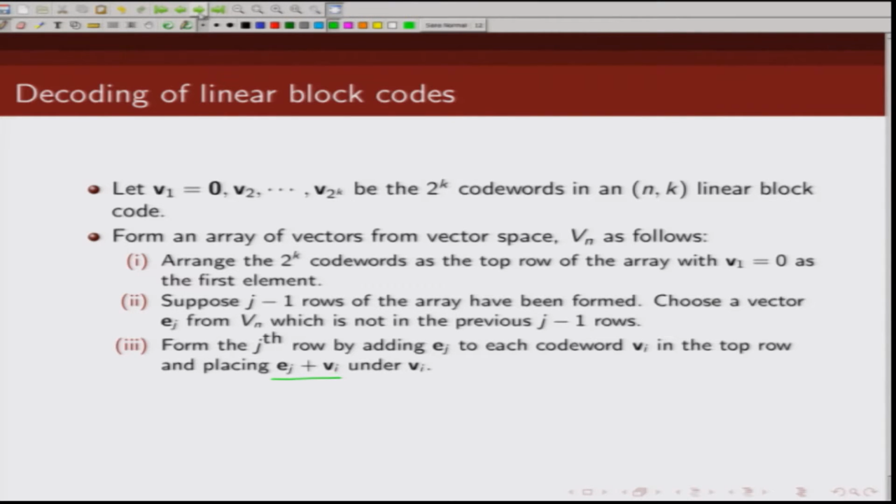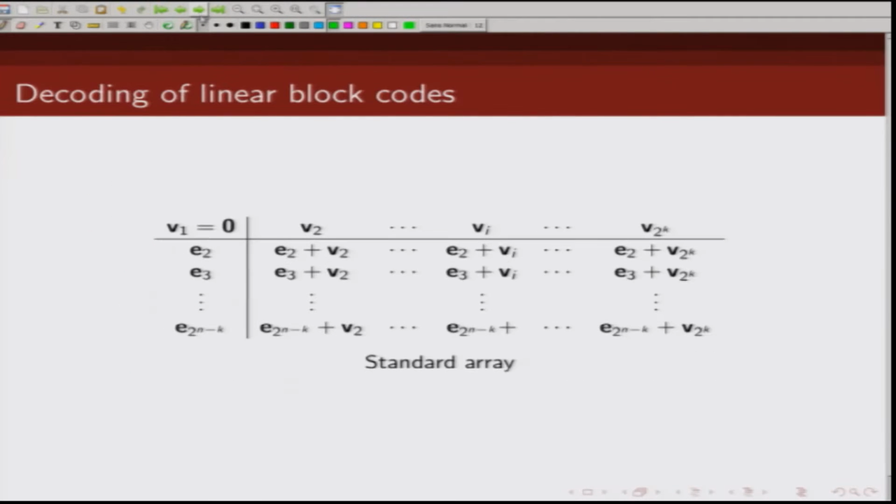I will just explain what I mean by this. As I said, in the first row we have listed all the code words with the all 0 code word as my leftmost entry. Now, let us say I have already formed some rows and I want to form the jth row.